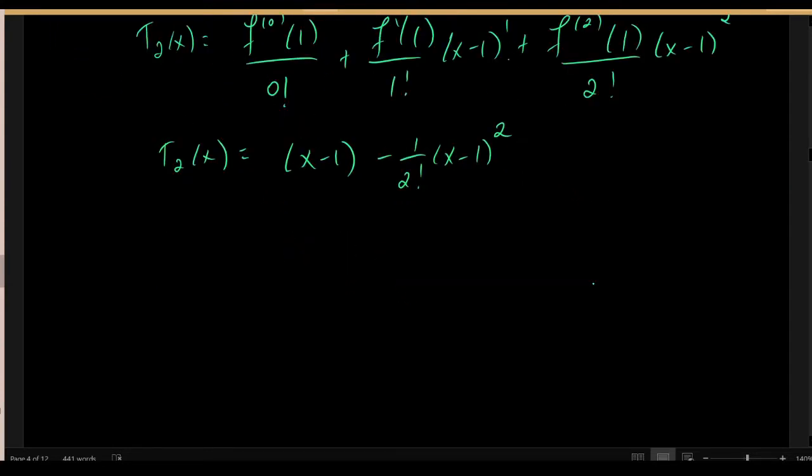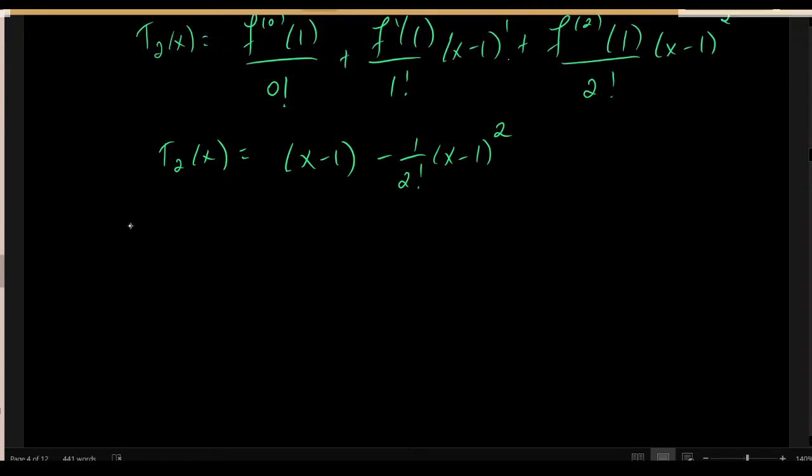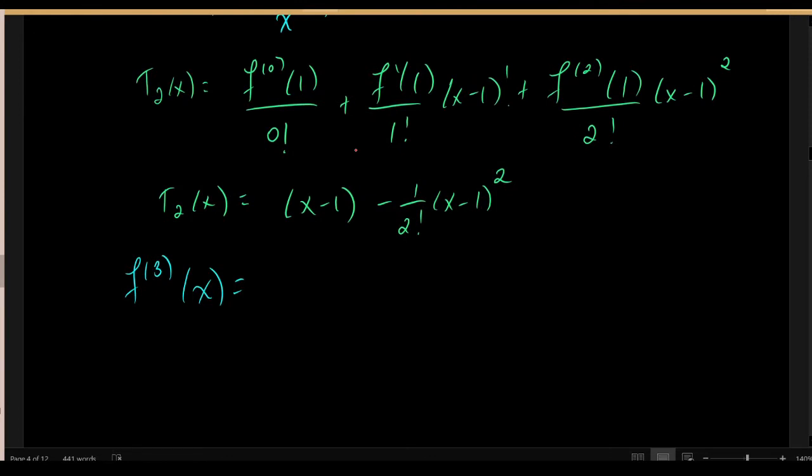To find the third degree Taylor polynomial, let's investigate the third derivative. The derivative of the quantity negative 1 over x squared. If I use the power rule here, I get positive 2 over x cubed. Plug the center into that, and we get 2 over 1.